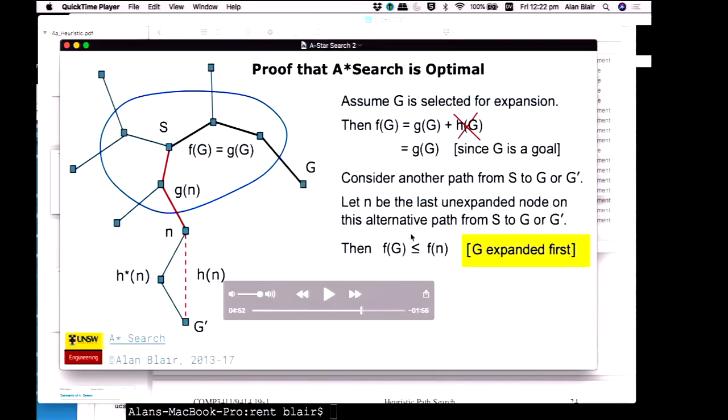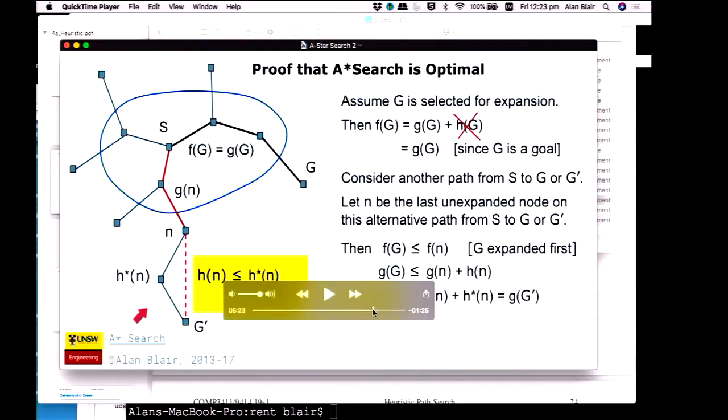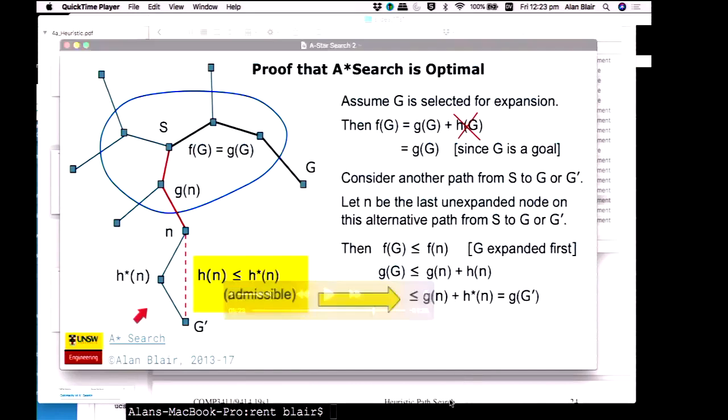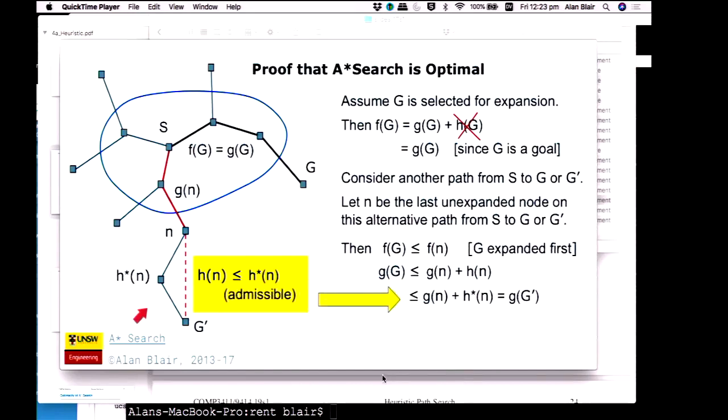So f of big G is less than or equal to f of n, but we just said that f of big G is equal to the actual path length. F of n is equal to g of n plus h of n. H of n is an underestimate of the true path length, so this must be less than or equal to the true path length.